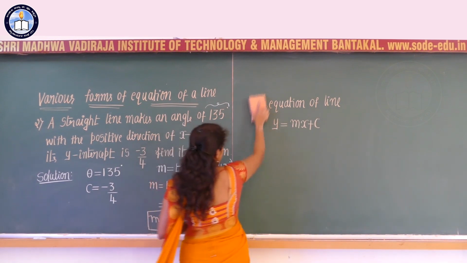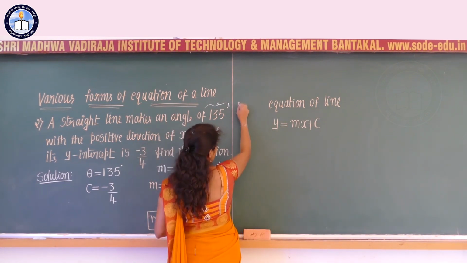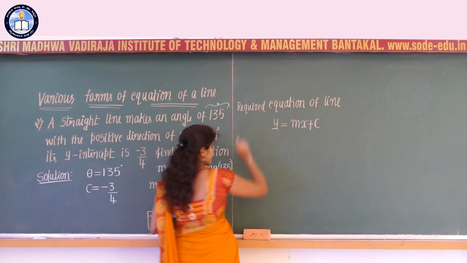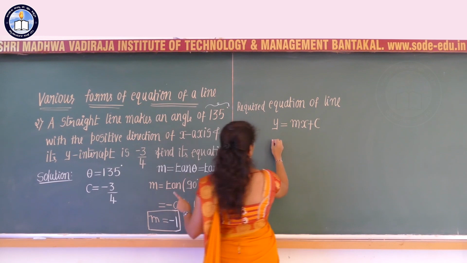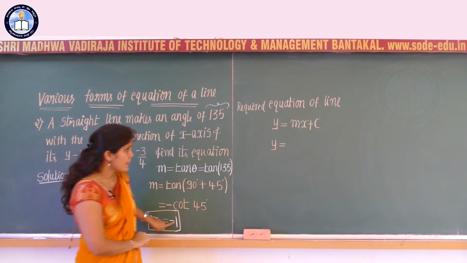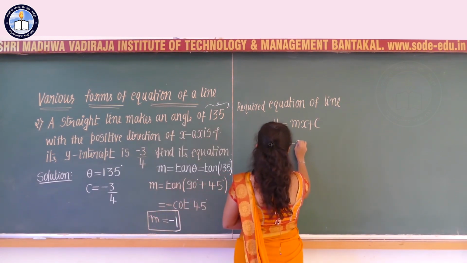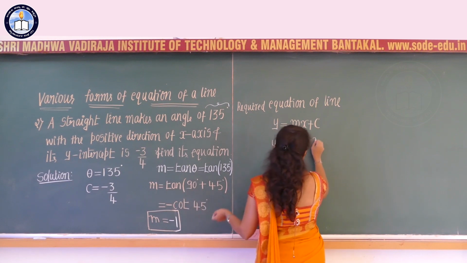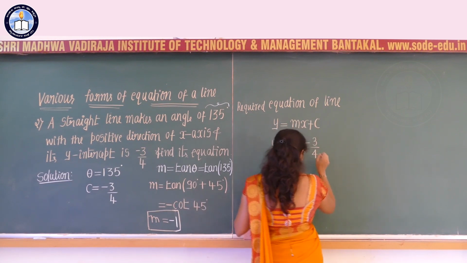I will write it as y is equal to m into x plus the constant c. So that is nothing but y is equal to the m value, slope is minus 1, into x, that is minus x, plus the c value is minus 3 by 4, minus 3 divided by 4.